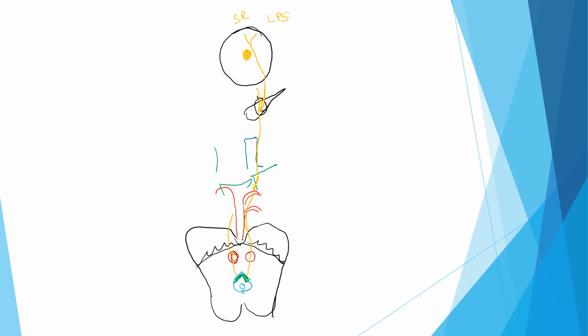The lower division will go below the optic nerve. It will divide into three branches: medial, central and lateral. The medial branch will supply the medial rectus. The central branch will supply inferior rectus. The lateral branch will supply the inferior oblique from its orbital surface, and it will give a small branch to the ciliary ganglion.